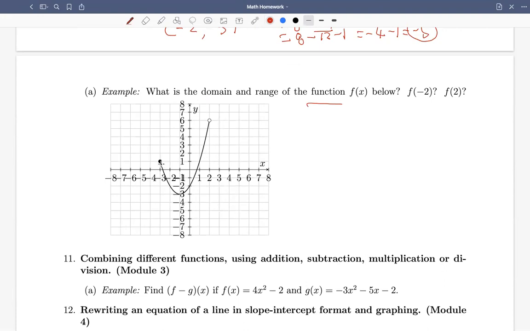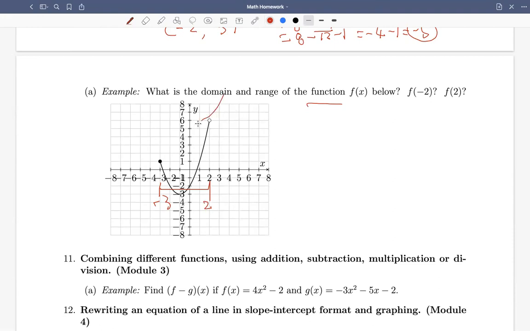So this is represented by a graph, right? So domain is talking about the x value, right? The x starts, so we always look from left to right. So start from the left, then we look to the right horizontally. So the graph ends here. So starting at -3, end at 2. So that's the domain.